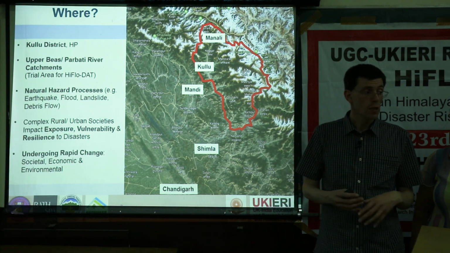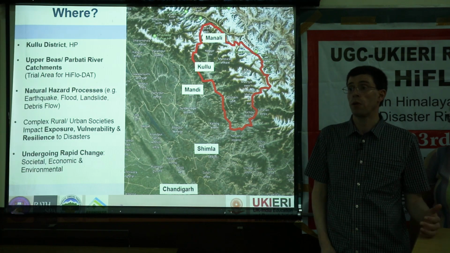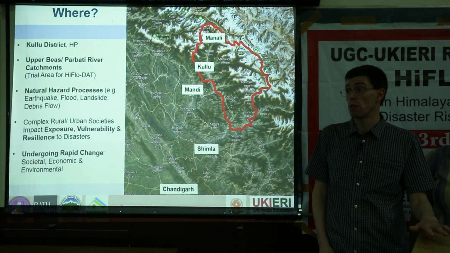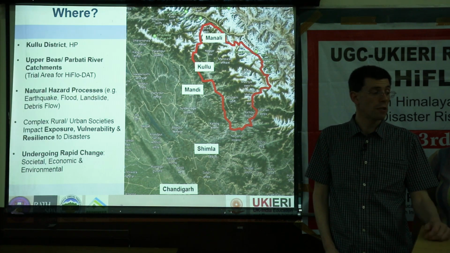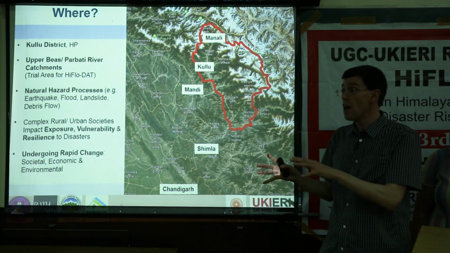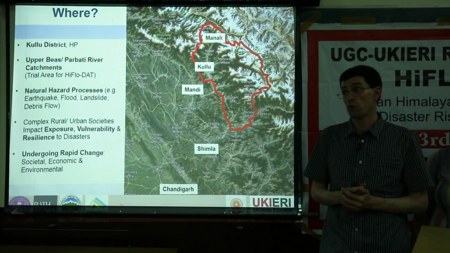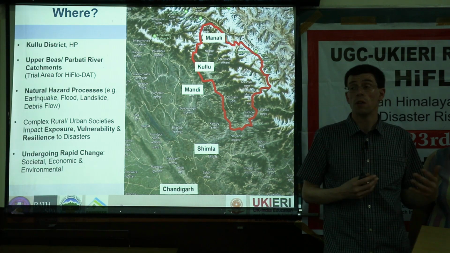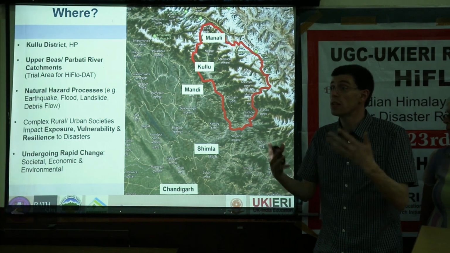Well, this is an area which is dominated by the Beas River catchment. This is a mountainous river, and within it it's got some large tributaries like the Parvati River. And this entire area is subject to significant natural hazard processes. So as you can see on the screen, we're talking about earthquakes, floods, landslides, debris flows, and indeed other processes.